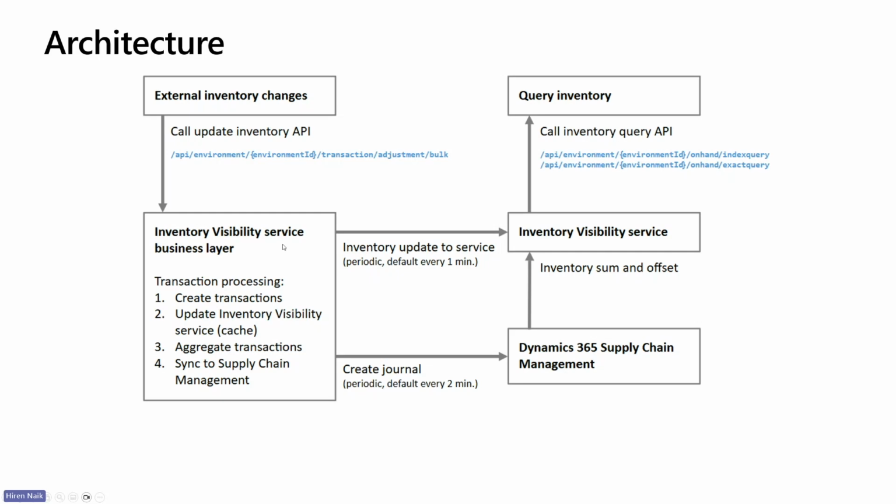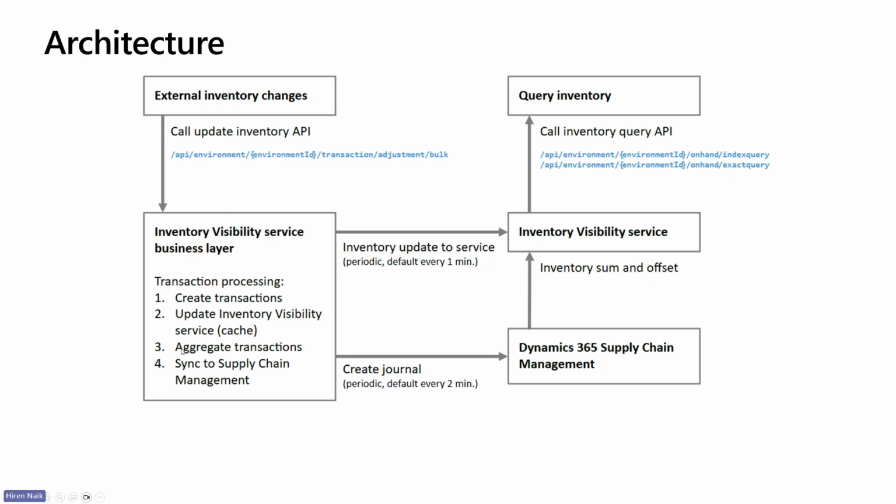What happens as part of the inventory visibility service business layer is that it first accumulates all the inventory transaction adjustments. Then it goes ahead and updates the inventory visibility service. So as you can see, you can update the inventory visibility service in real time so that you can always query the real-time inventory on hand from it.